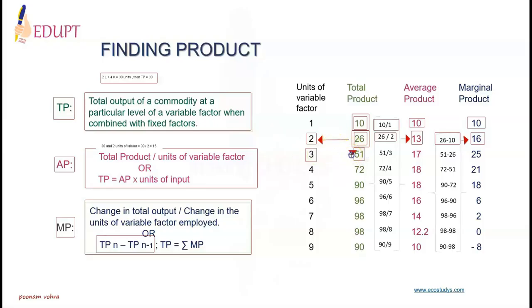Average product would be 51 divided by 3, that is 17. And marginal product would be 51 minus 26, that is 25. Similarly, one can find average product and marginal product for all the units of variable factor when total product is given to you.